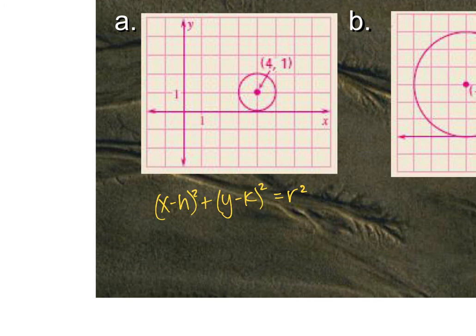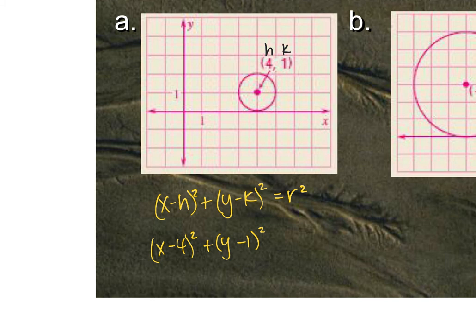All right, guys, what is h? H is 4. What is k? 1. So plug those in. We're going to get x minus 4 squared plus y minus 1 squared.